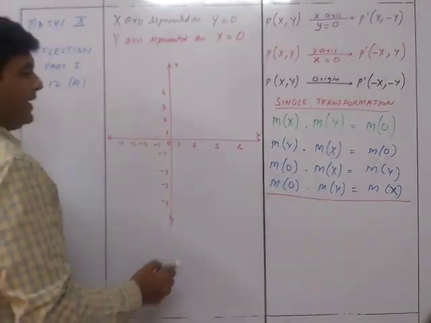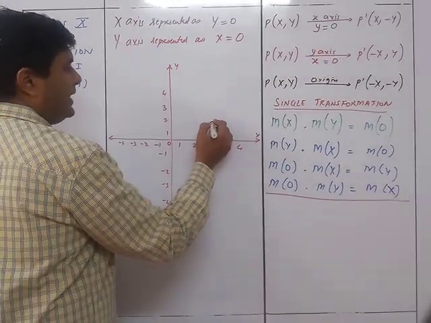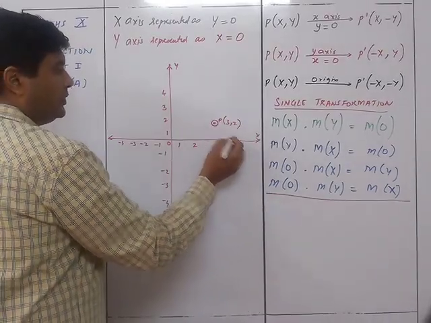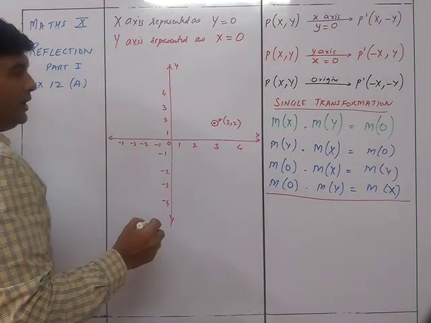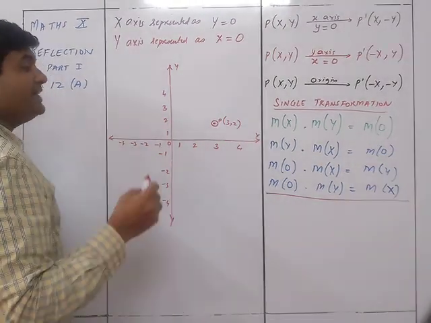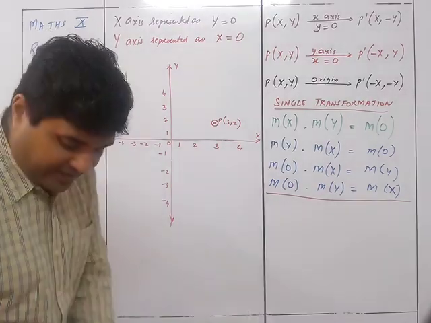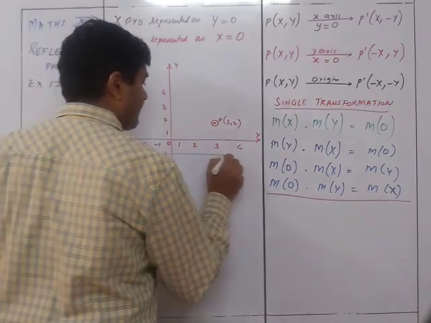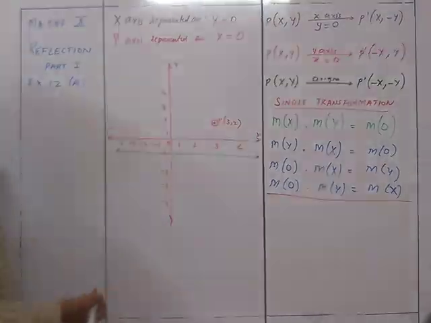And I have a point P over here, which is (3, 2). Now suppose there is a line which is passing like this. It is passing through -1.